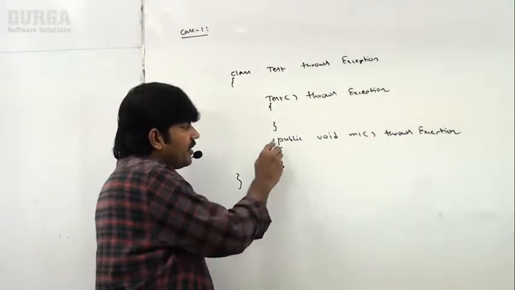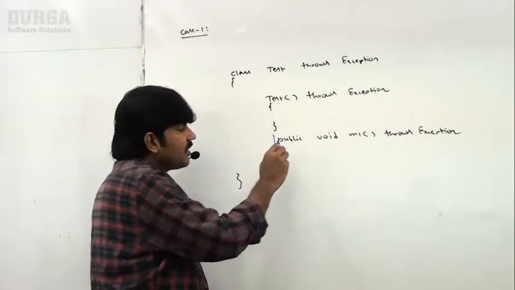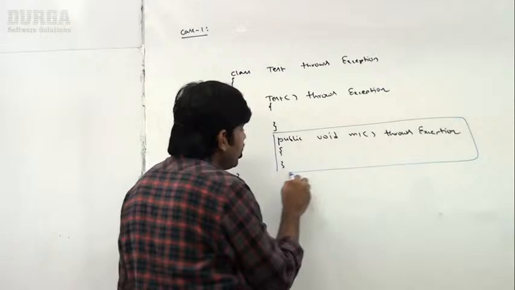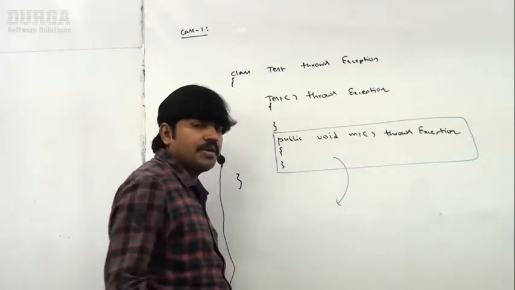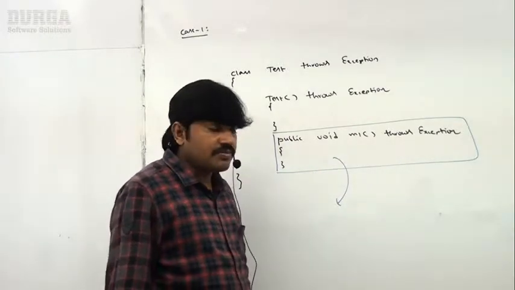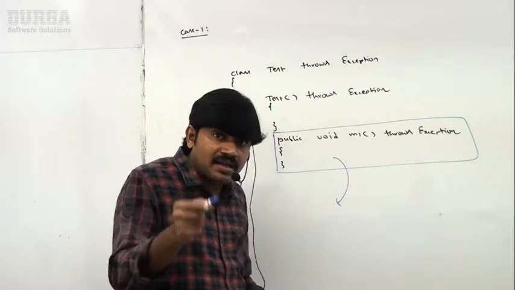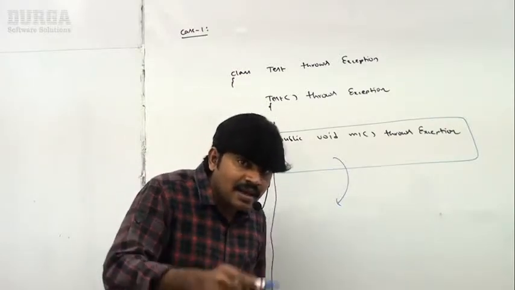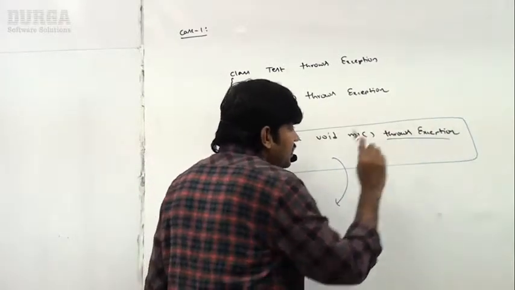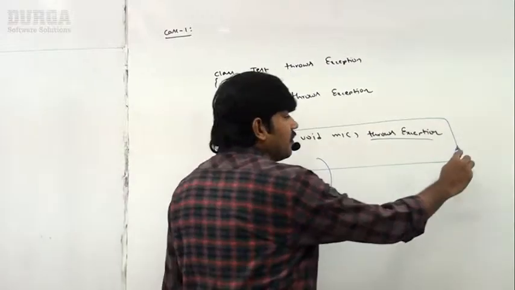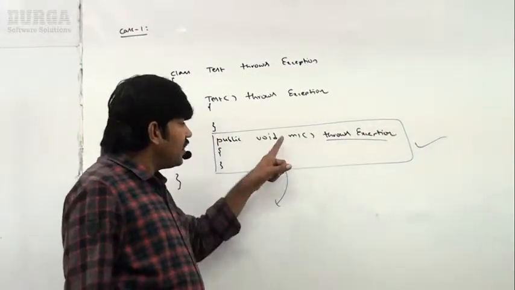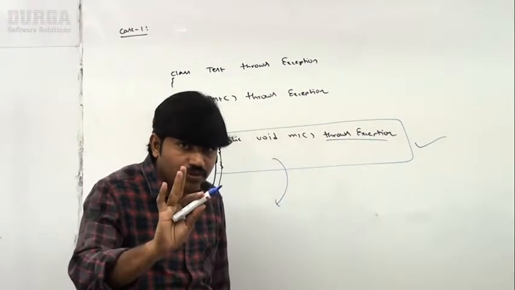For a method, someone is going to call it. Methods can be called by some other person, maybe another method or the JVM. That's why the caller is responsible to handle this exception. So for a method you can use the throws keyword, no problem.